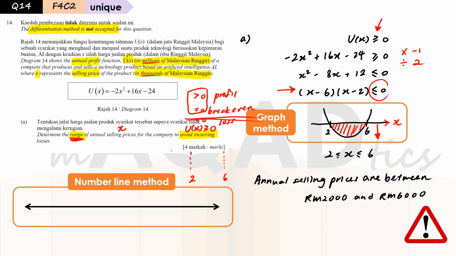The first part is all the values lesser than 2. The second part is the values between 2 and 6. The third part is the values greater than 6. So this number line will be separated into 3 parts, and these would be the ranges that we will be setting.